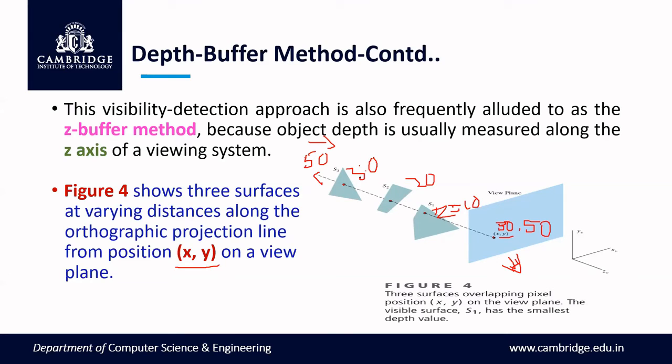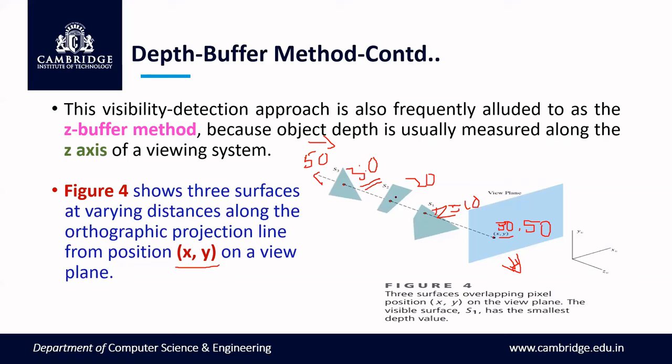Put it in the buffer at XY position 30, 50, Z value 30. Whichever object is near to me is seen. Away from me will not be seen, right? Because all these three objects overlap here. When they overlap, only the object which is near to me is seen. Away from me is not seen because it has been overlapped by the other objects. Now my Z value is kept as 30.